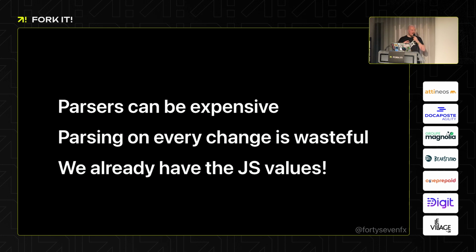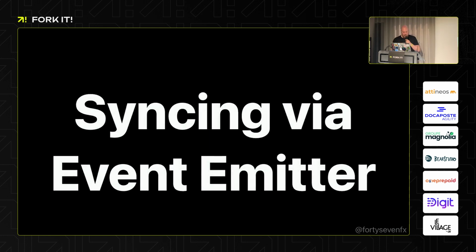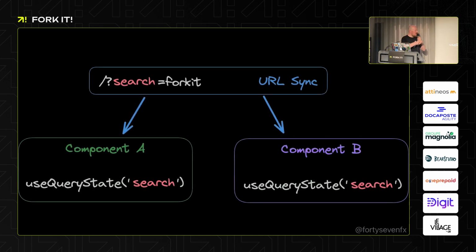So if we know that the update comes from nuqs, there is no need to repropagate it through the URL because we can do so with an event emitter, which is the system we use to call when the URL changes, to make it propagate down to all the hooks that are implemented in our components. And so this gives us now a way to read the URL, put it in our state, and change the URL when our state changes, so we have synchronization.